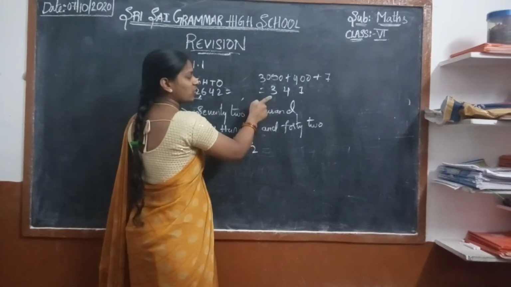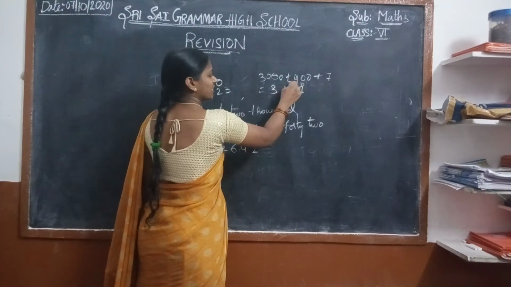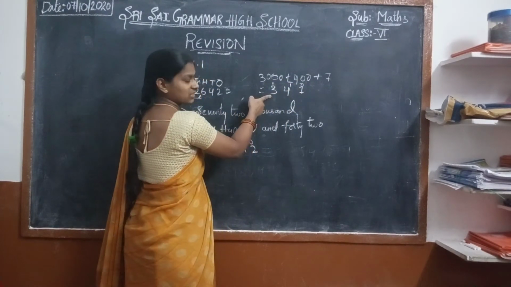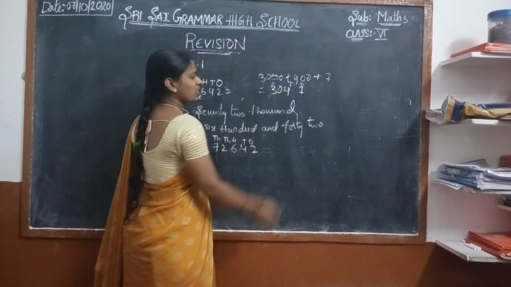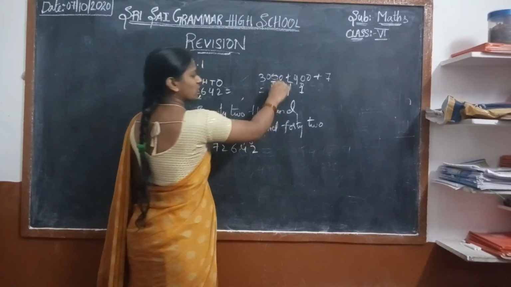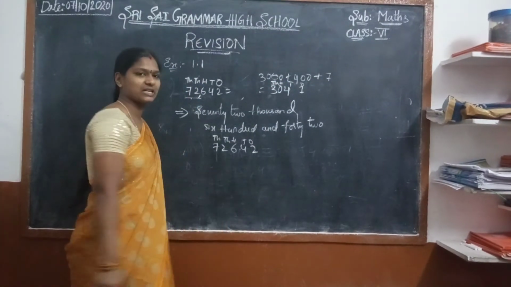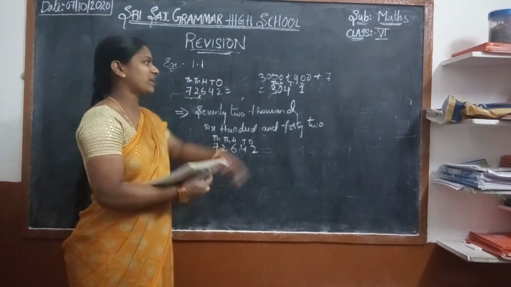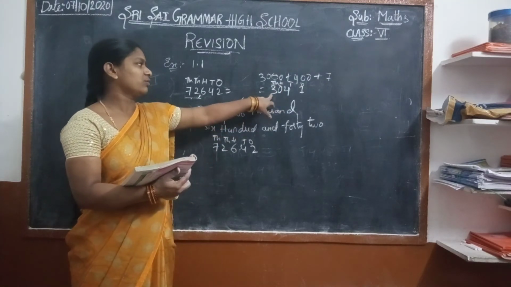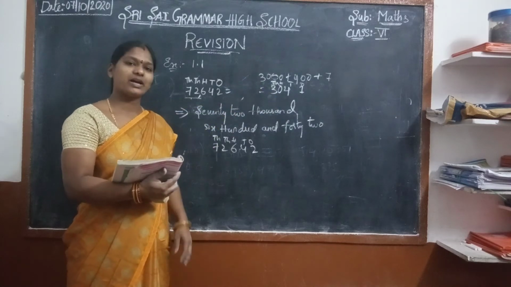Now, to confirm this, write ones, tens, hundreds, thousands. 3 is in the thousands place, 4 is in the hundreds place, so we mention a 0 in the middle. Okay, you can also check like this whether your answer is right or wrong. By keeping the place values, we can check the value of the given expanded form.